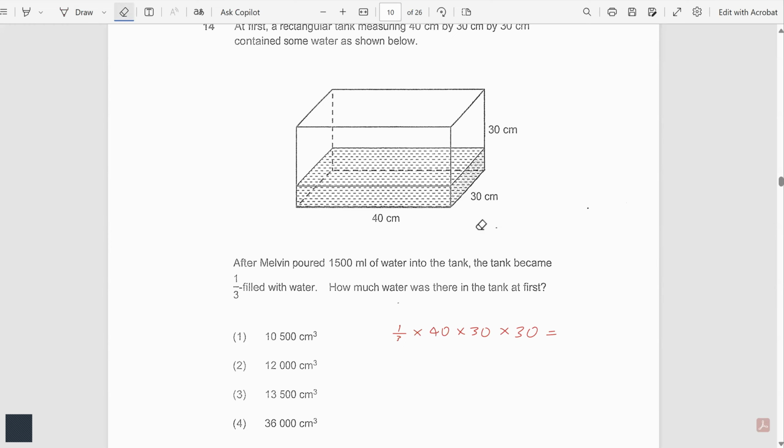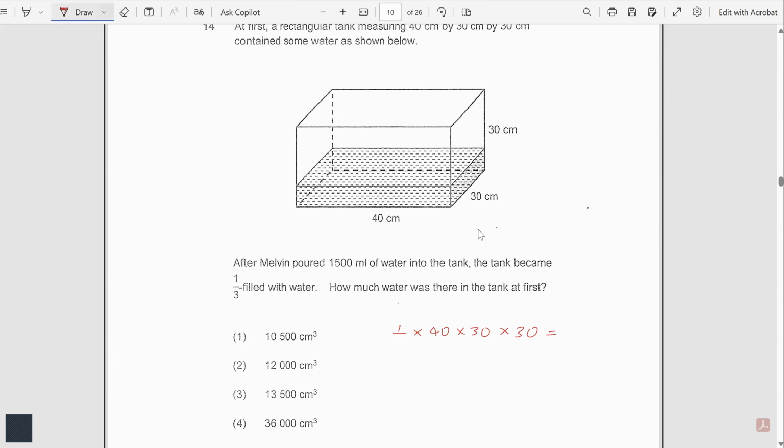Okay, this is 1/3. Now, if I do this, I can take 1/3 times 30 first. 1/3 times 30 will give us a 10. So I end up with 40 times 10 times 30. 40 times 10 is 400. 400 times 30 is 12, then 3 zeros.